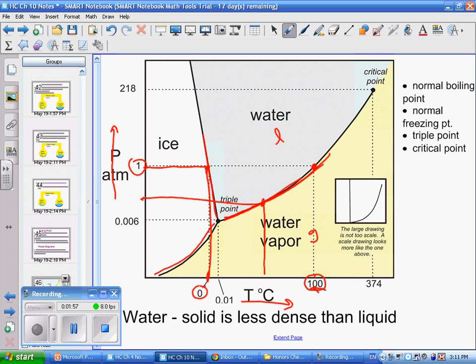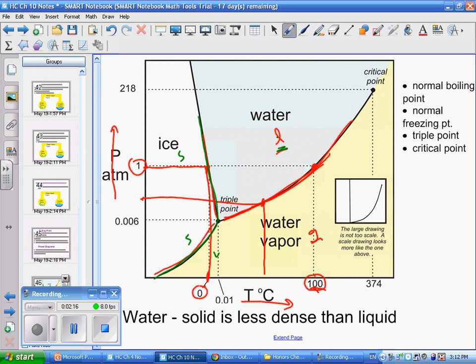So along these lines, there is equilibrium between liquid and gas. Along this line, there is an equilibrium between solid and liquid water. And along this line down here, I have an equilibrium between solid and vapor.